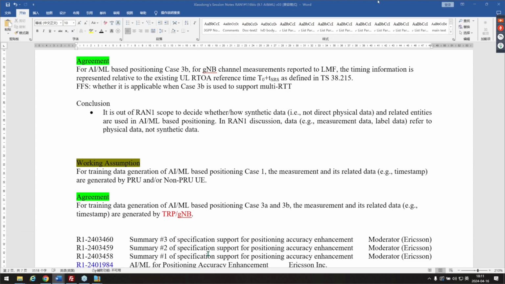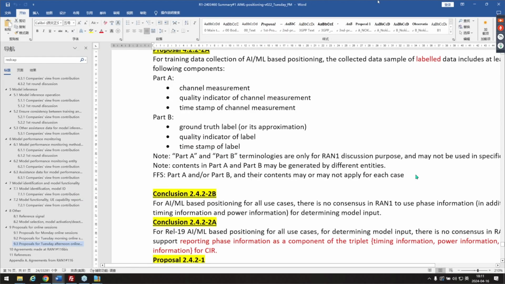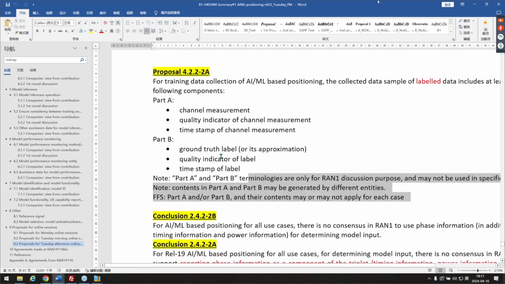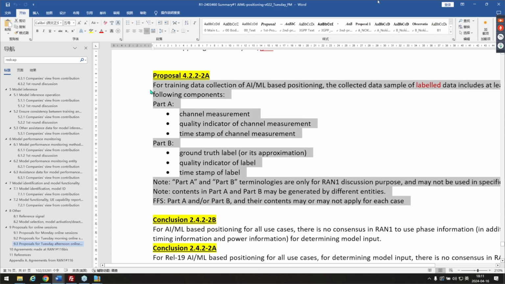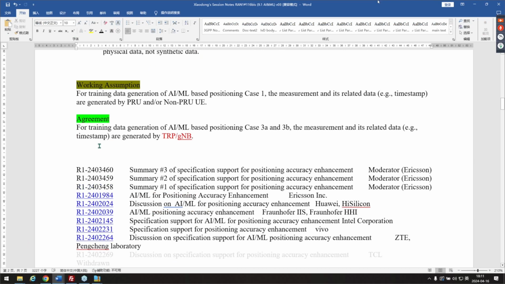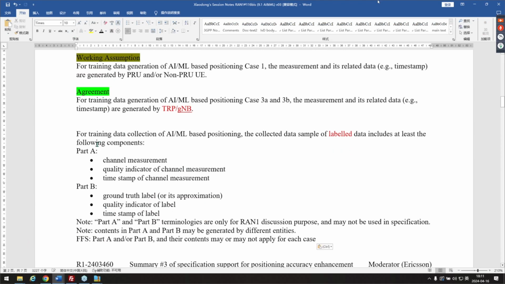Then the next one is a proposal that we edited offline, unofficially. It's not really perfect, but it's about 95% there. The intention is to describe more about what is being collected.